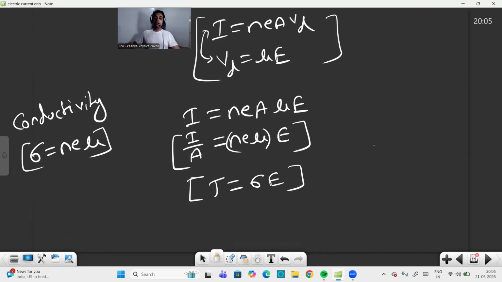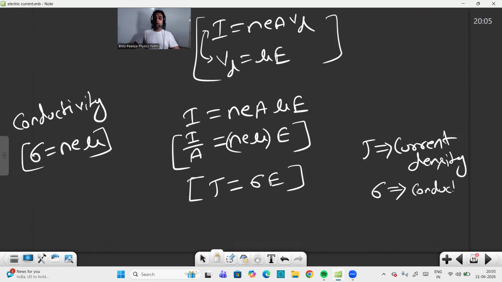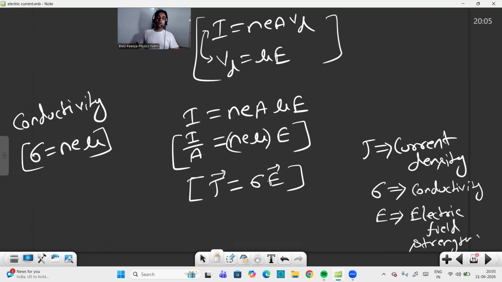J is your current density, and sigma is your conductivity, already defined. And E is the electric field strength in the region of the conductor. It can also be written J vector equals sigma E vector. So J equals sigma E we got.